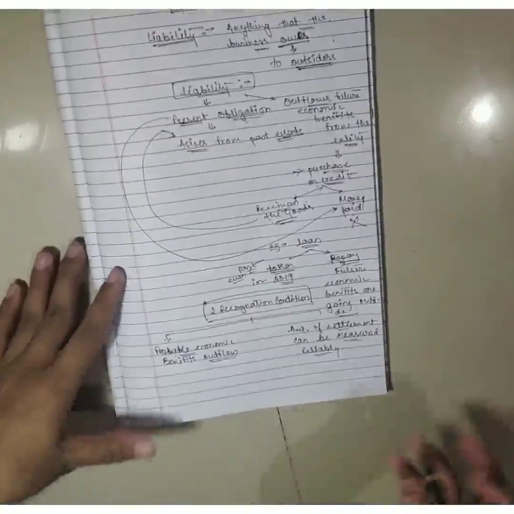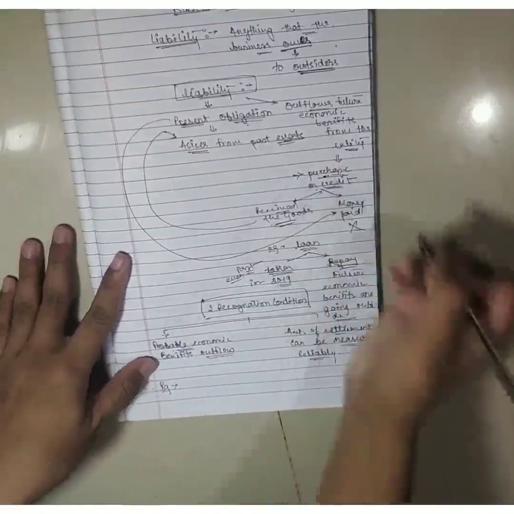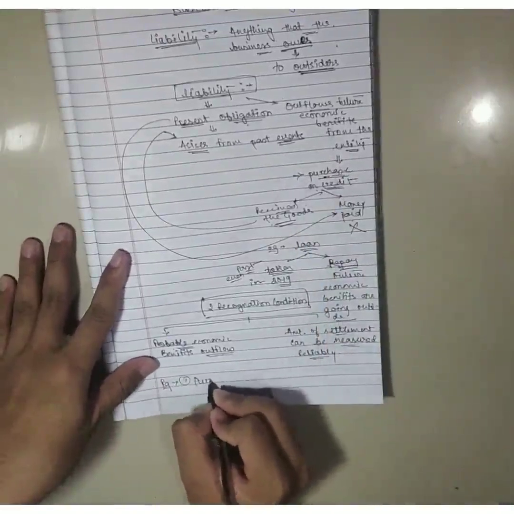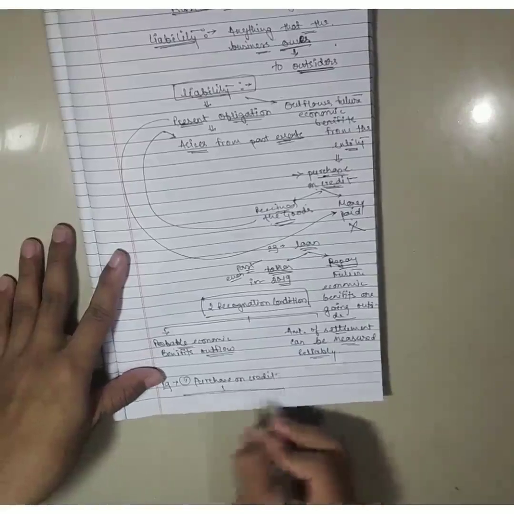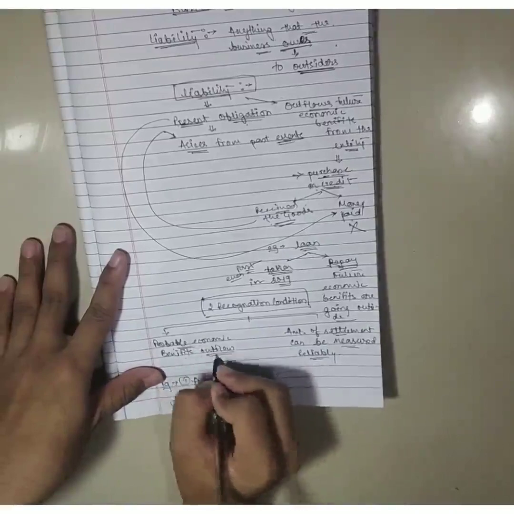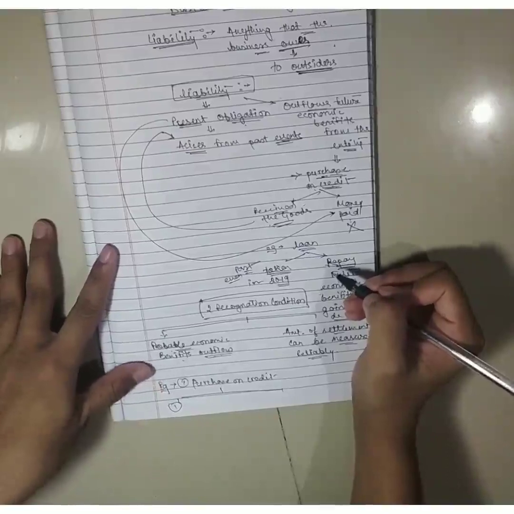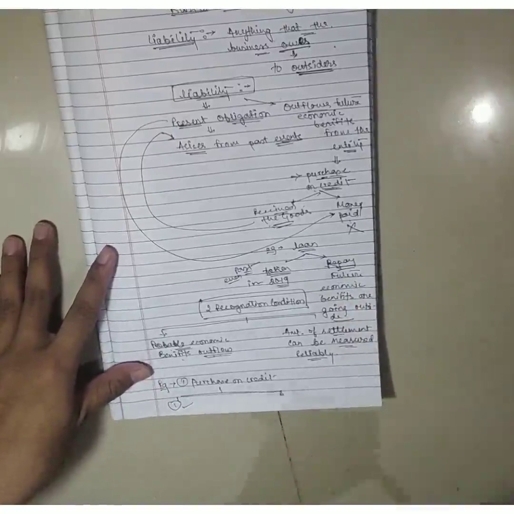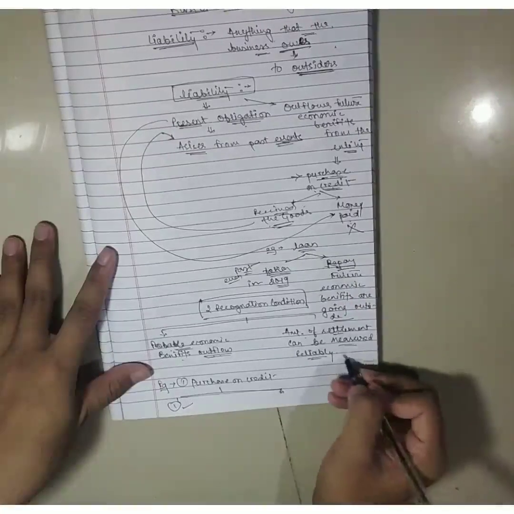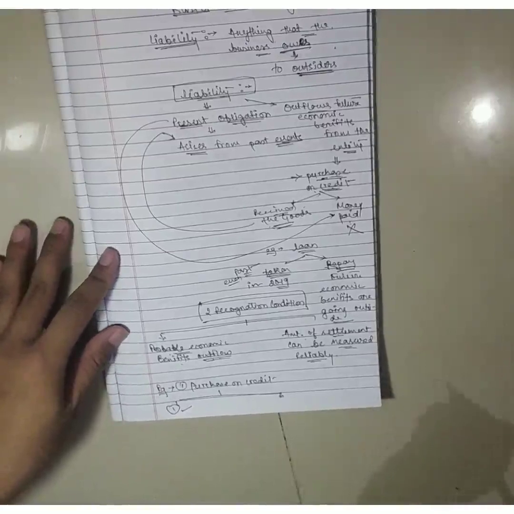Suppose, for example, same thing, let's discuss purchase on credit. In the first condition, probable economic benefits outflow: if you pay, the money goes outside the business, right? So the first condition is satisfied. But in the second case, the amount to be settled can be measured. Tell me one thing: if you purchase something on credit, you must know the price, right?